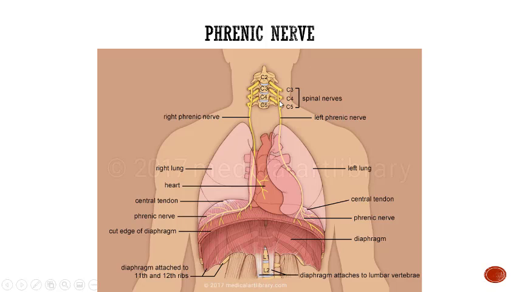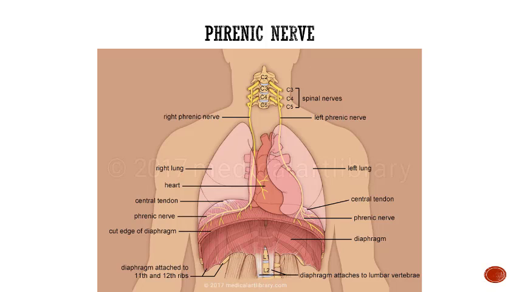The reason, especially as respiratory therapists, that we care about the phrenic nerve is if somebody has a spinal cord injury or if somebody has nerve damage specifically to this nerve, it can paralyze the left or right side of the diaphragm, or it can paralyze the entire diaphragm. When that happens, a person's ability to inhale properly or to ventilate properly is severely compromised.